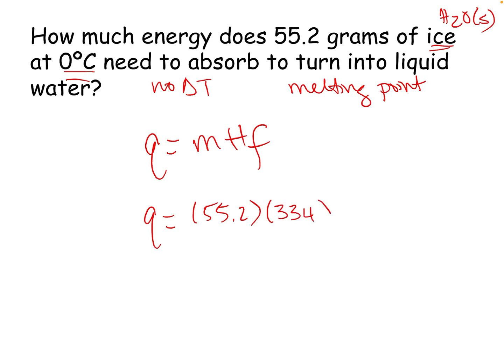So all you do is multiply 55.2 times 334, and you get 18436.8. Q is in joules. If we were going to round to sig figs, I would need 3 sig figs. Depends on how mean your teacher is. If I'm your teacher, I'm pretty mean sometimes. So that would be 18,400 joules with sig figs.